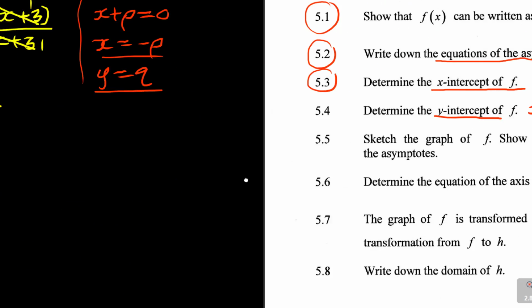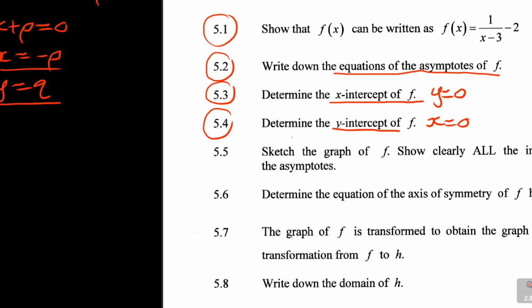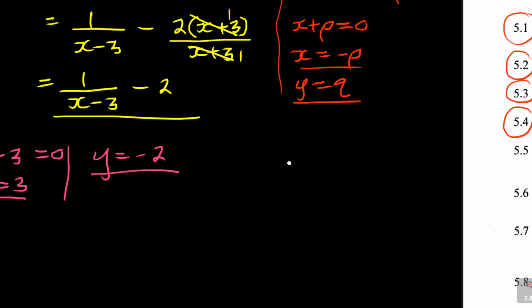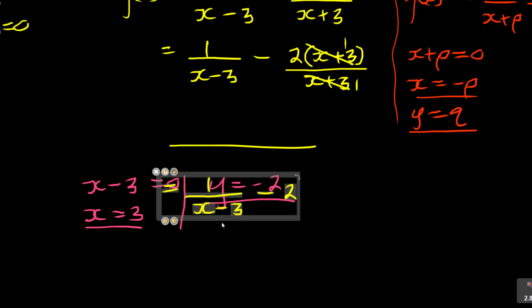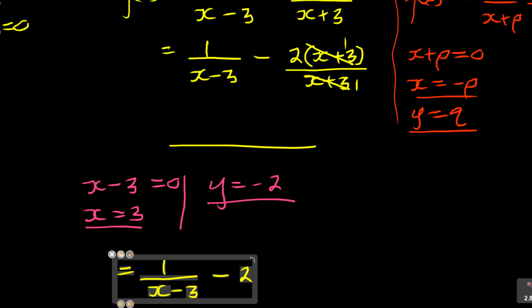Similarly, we come back here. That was question 5.4. It wants us to find the y-intercept. As I said, you just have to repeat it to say, if this is my f of x here, let me take it again, this is my f of x. This is 5.4, right?